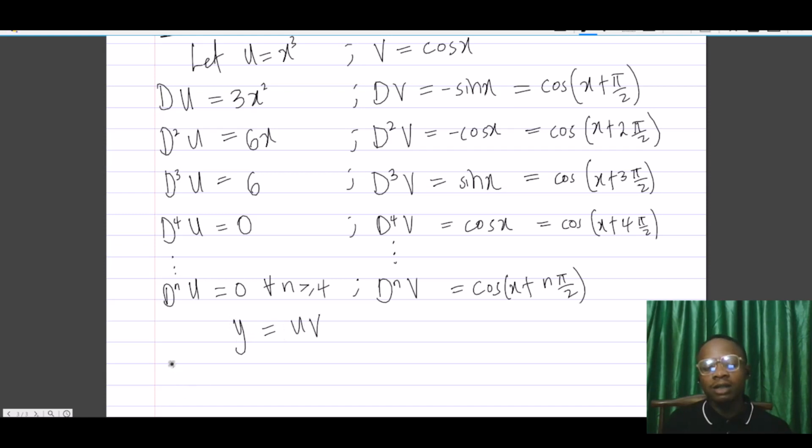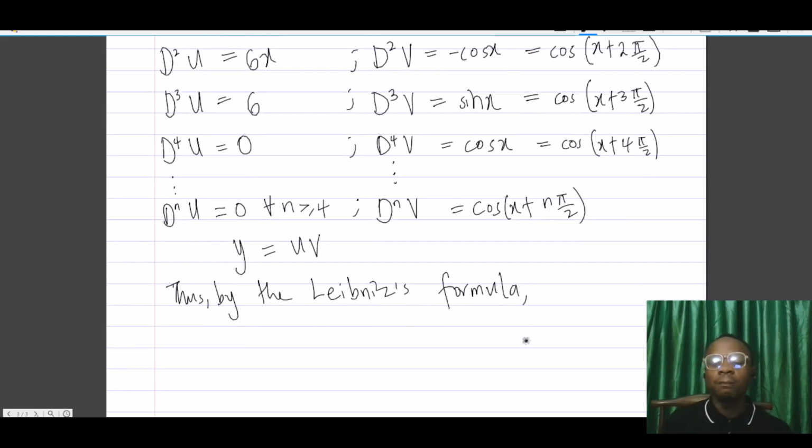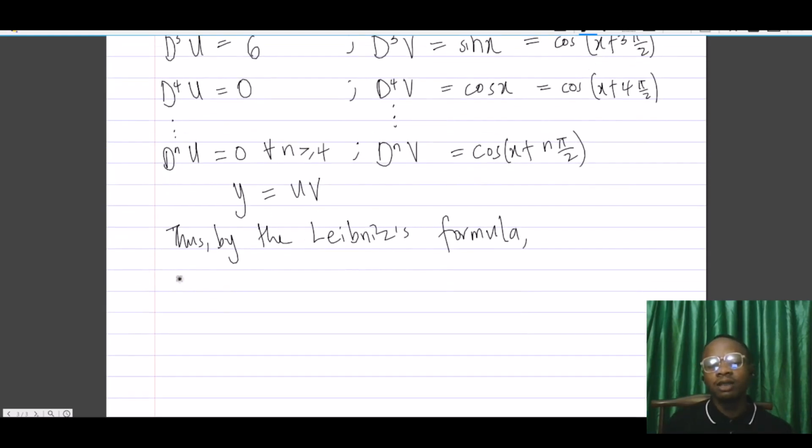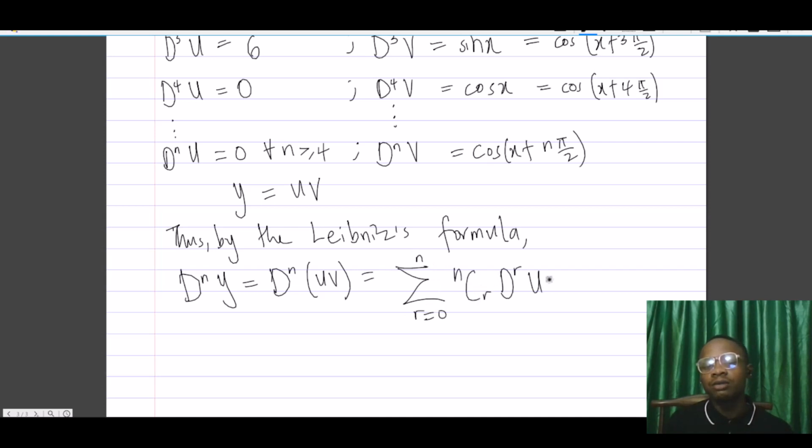Then the nth derivative, by the Leibniz formula, the nth derivative of uv, will be equal to the summation from r equal to 0 to n of n combination r, the rth derivative of u, the (n minus r)th derivative of v.